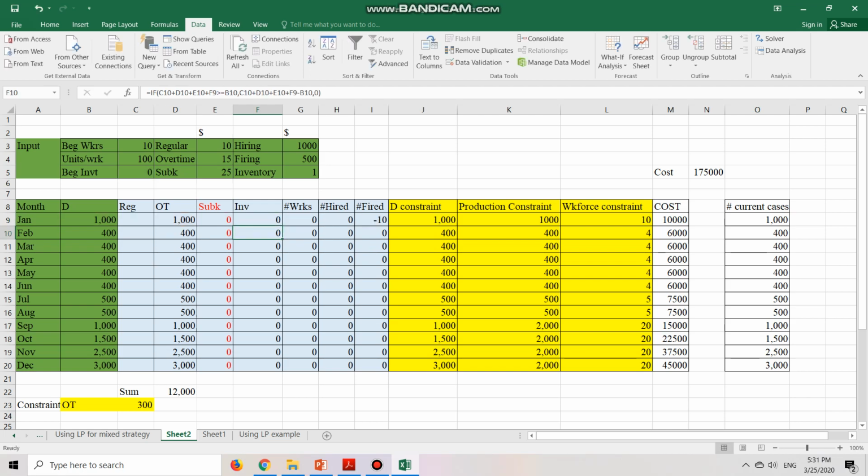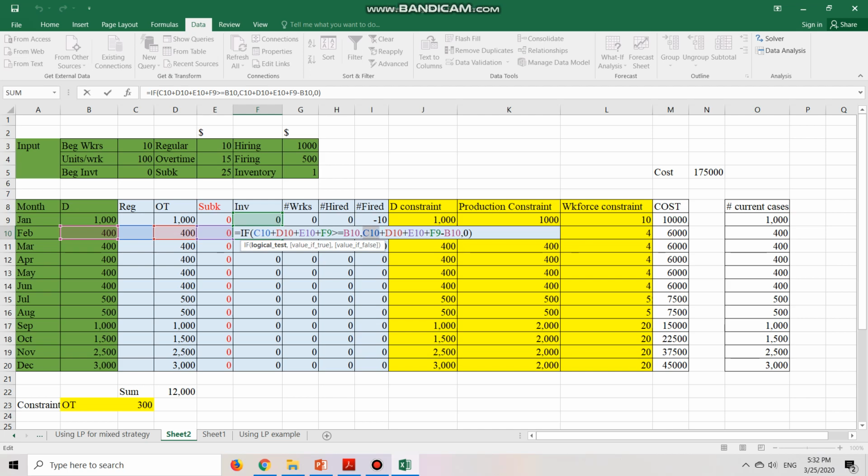Okay. And we also have another way to calculate that, we can use the if function. So here, it's also the same logic, that you compare the value of total production quantity plus the inventory in the last period. So here we can see if the total production quantity plus the inventory in January is larger or equal to the demand in February, if it's larger, we will have inventory, right?